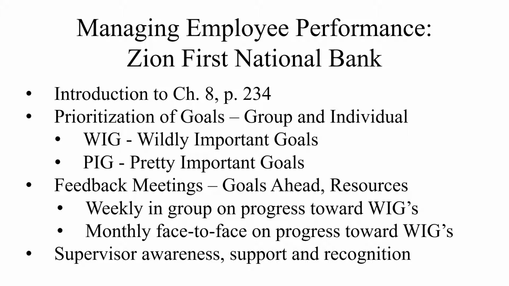And you'll see them broken apart there as WIGs and PIGs. And their performance management system revolved around feedback meetings for goals ahead and resources. And they did this at 2 levels. The first was weekly group meetings where the group could discuss their progress towards their WIGs. And then there was a monthly face-to-face individual meeting with managers and the workers on the progress towards their WIGs.